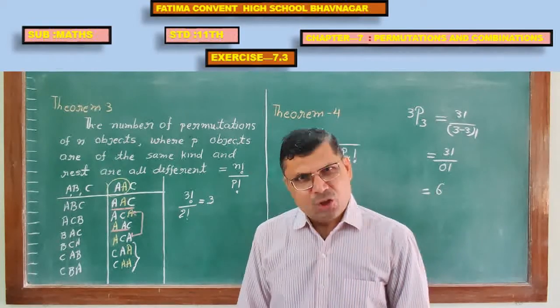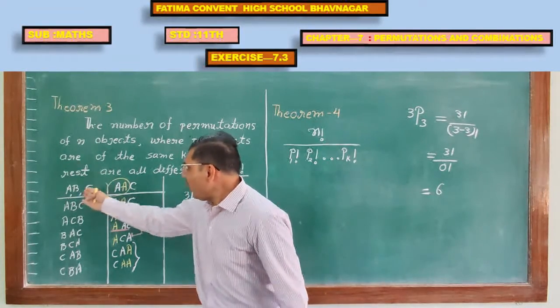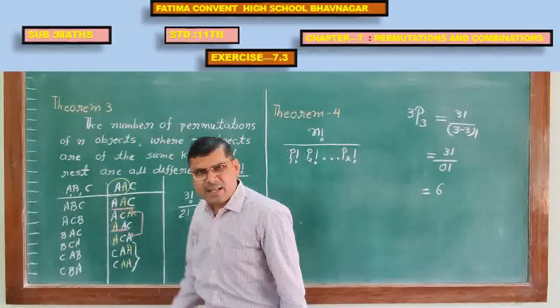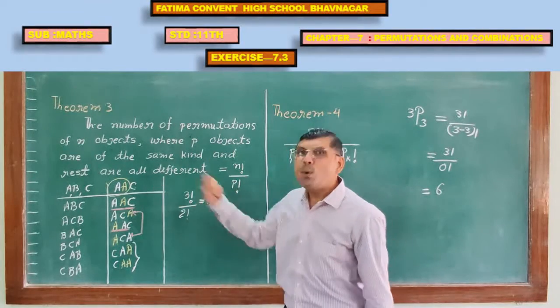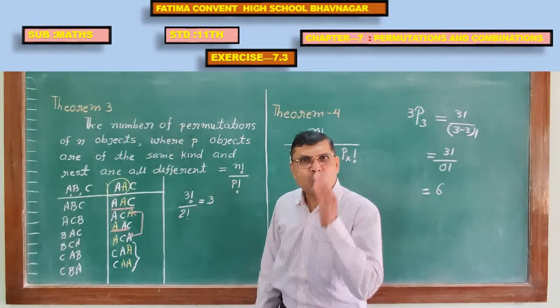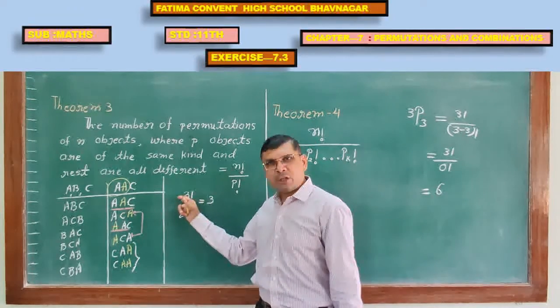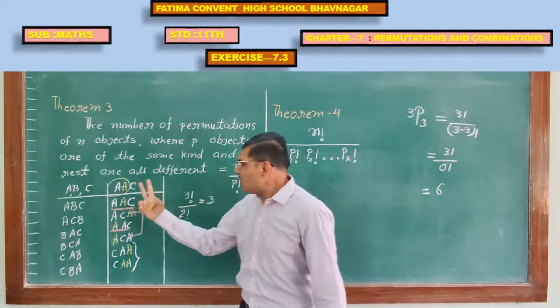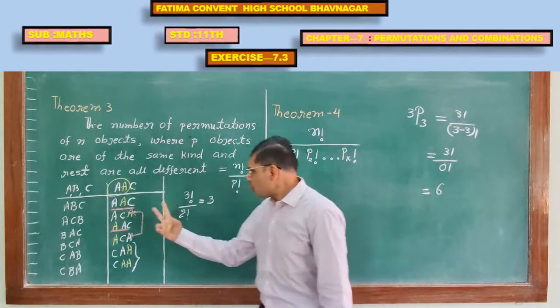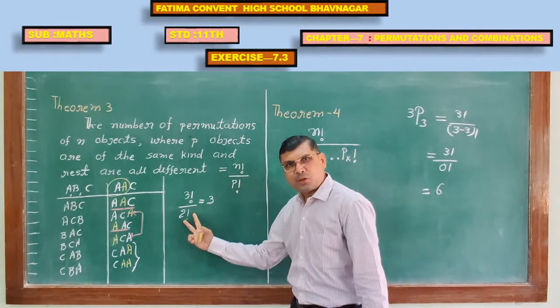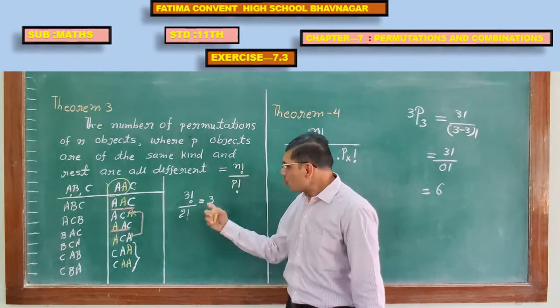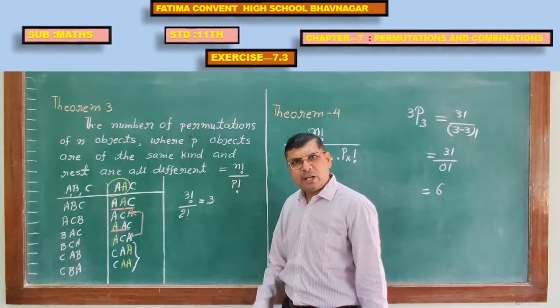If A, B, C are different, then 6. If both A are equal, then I have only 3 arrangements. How am I getting it? Total 3 factorial, and this A is coming 2 times, so I will write 2 factorial. So in total you will get 3 arrangements.